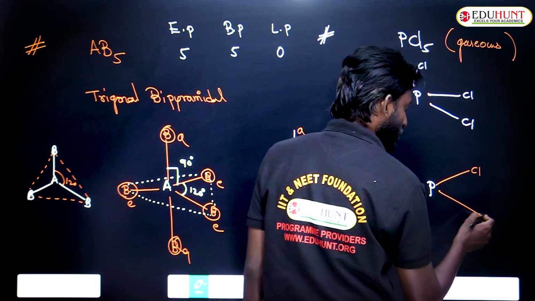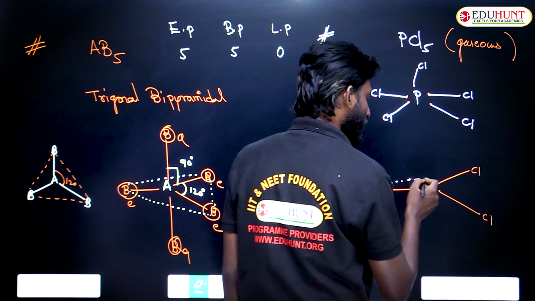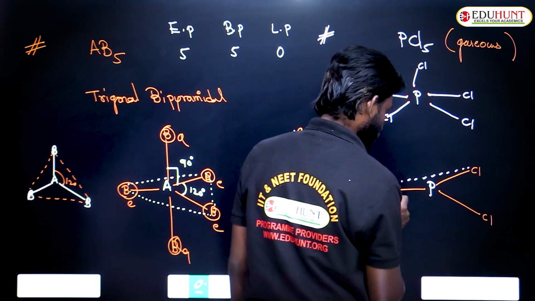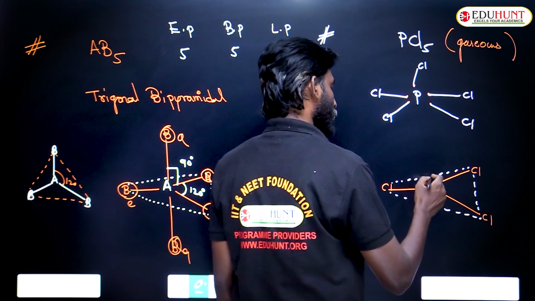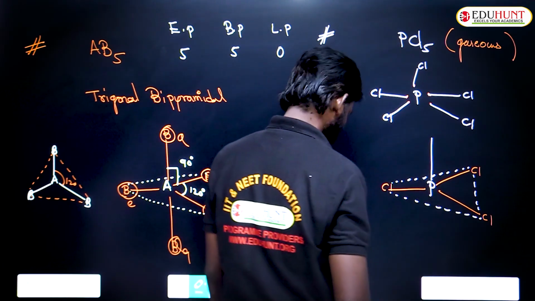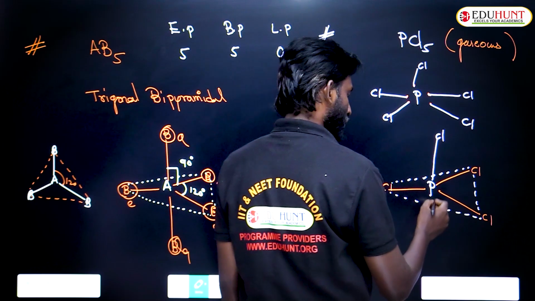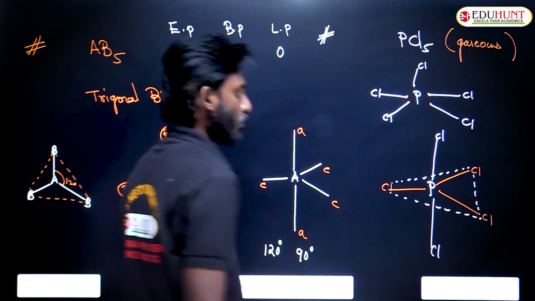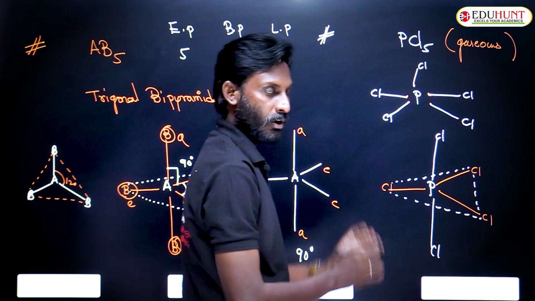Chlorine, chlorine, chlorine. Now this is the trigonal part I am talking about. Towards the upper side, this is one pyramid, Cl. I'll repeat, all these positions are not the same.